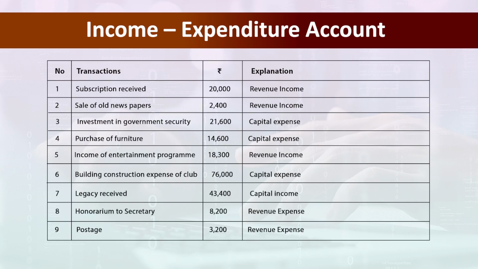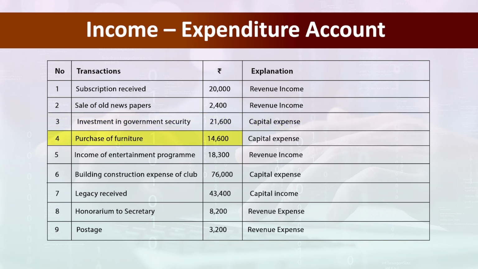The first transaction is subscription received of rupees 20,000. It is a revenue income. The second transaction is sale of old newspapers of rupees 2,400. It is a revenue income. Investment in government security of rupees 21,600 is a capital expense.